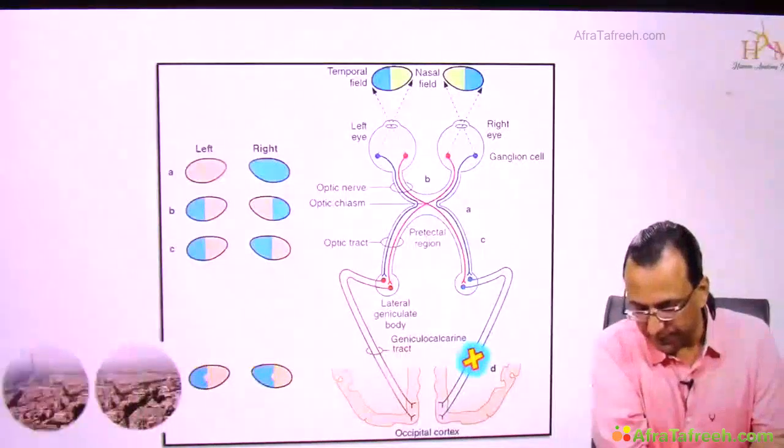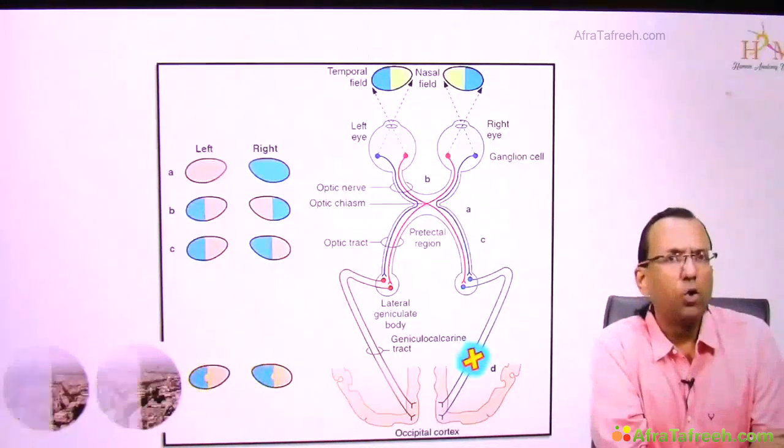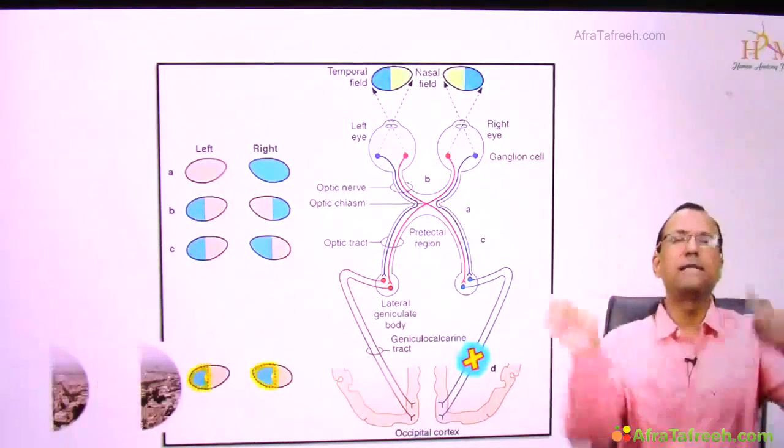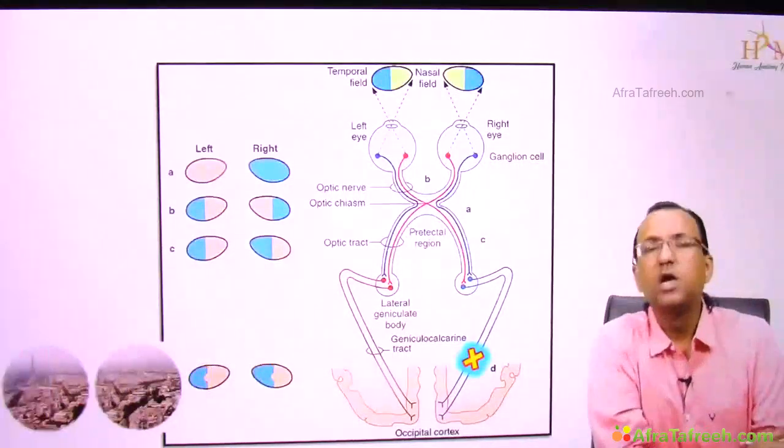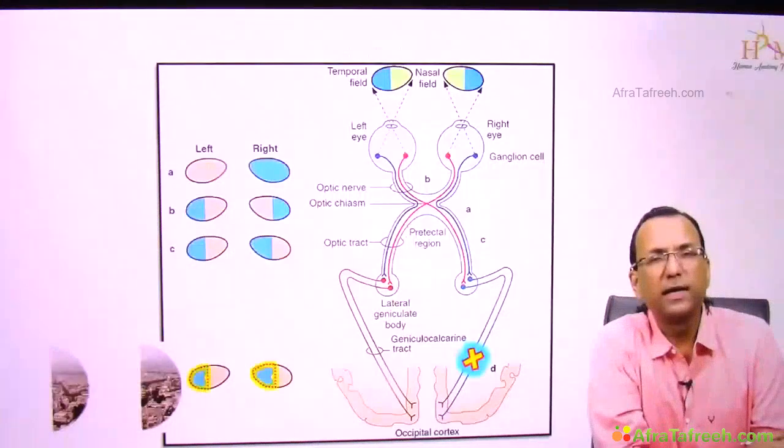See here, this patient cannot see the Eiffel Tower. Why? Because the left half of each eye is blind. Contralateral homonymous hemianopia. Explain that in the diagram then.